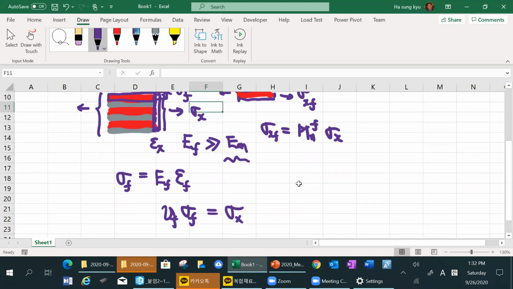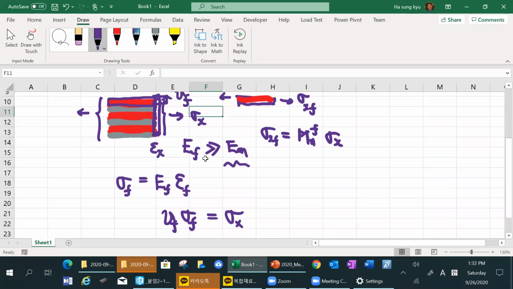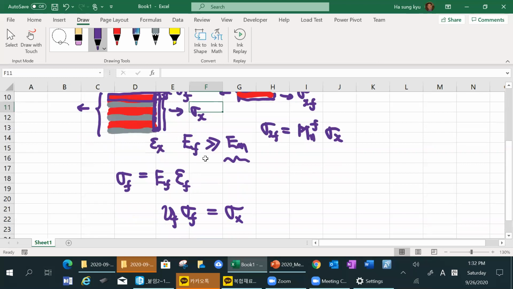Because no force is transferred by the resin, only the fiber transfers the stress, and this is the relation. So as you can see, sigma F is nothing but 1 over the fiber volume fraction times sigma X.